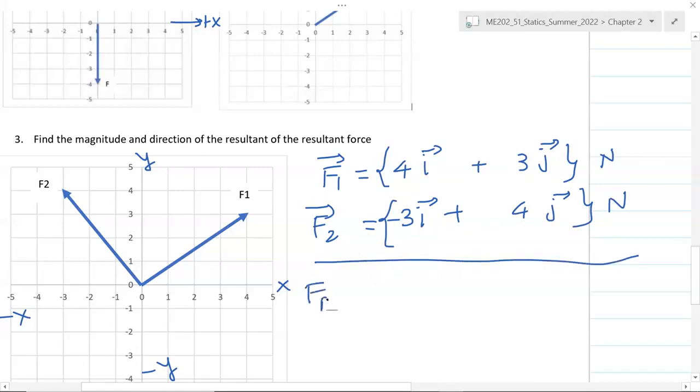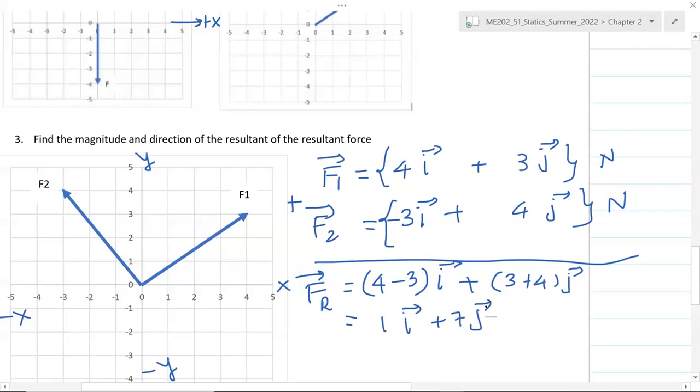So resultant force Fr is F1 plus F2. We can combine the i parts together. So it's 4 minus 3 i plus 3 plus 4 j. So the final resultant vector is 1i plus 7j.